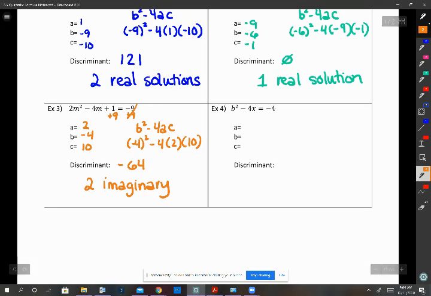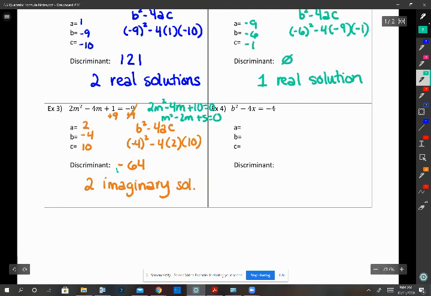Something you can also look at is that at the beginning, when my equation was 2m squared minus 4m plus 10 equals 0, you actually could have divided everything by 2 first. That would change your discriminant, but it won't change the sign of your discriminant.